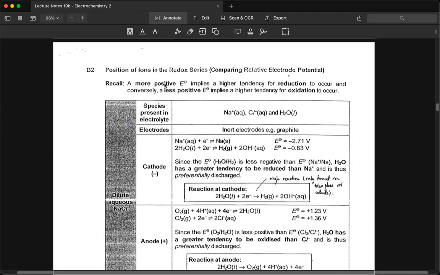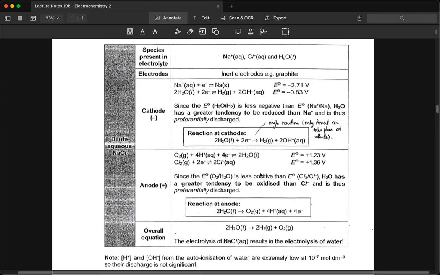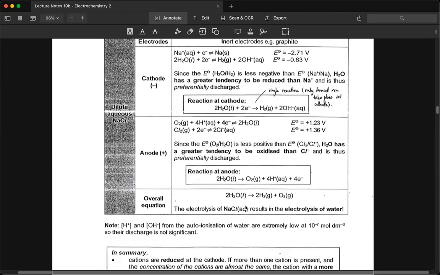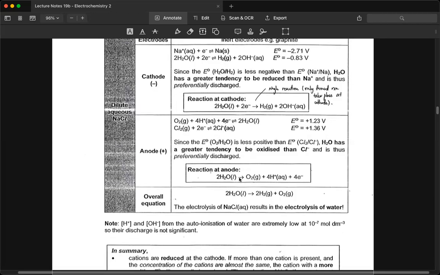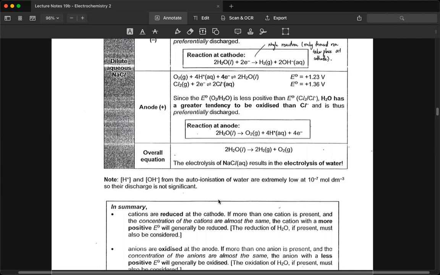Remember, a more positive E0 indicates a higher tendency for reduction. A less positive E0 represents a higher tendency for oxidation. And remember to flip the equation. If you combine the two equations, it's basically the decomposition of water. And the remaining electrolyte will just become more concentrated due to less water remaining.